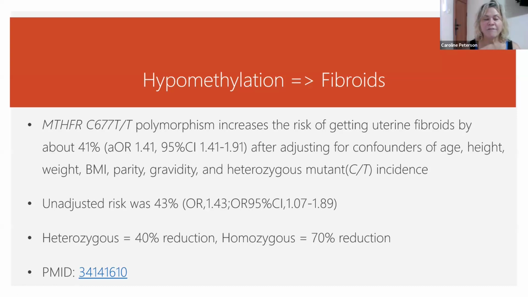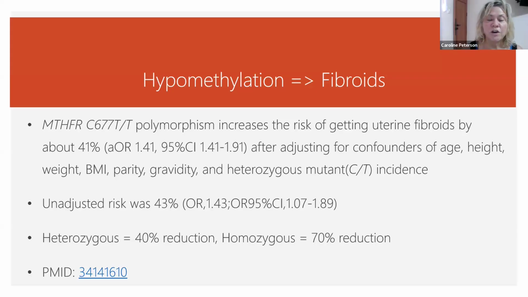That means that for women who either had the homozygous or heterozygous SNP, and all of those were included: women independent of age, height, weight, body mass index, parity, gravity. All of them were included just straight up. There was a 43% increased risk of having hypomethylation related fibroids if you have the MTHFR C677 SNP.